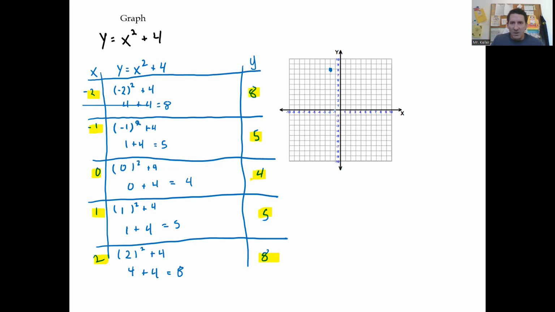So one left, up 5 is right here. 0, 4. So that's just up 4 on the y-axis. 1, 5. 2, 8. So right there. Connect your dots with a nice smooth line. And there we go. That's all there is to it.